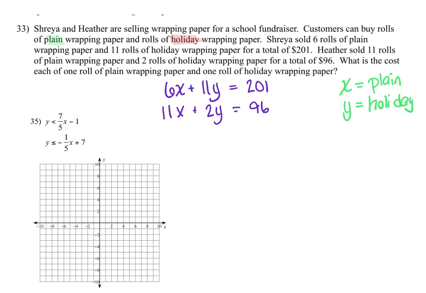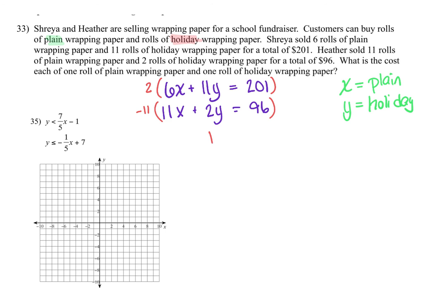I'll multiply the top by 2 and the bottom by 11, I guess. All right. Because they gave us numbers that don't line up, like if it had been 11, 11, I could just negate one of them, but of course not. Cruel and unusual punishment here. So I'm going to cancel out my Y's. I multiply this by 2 and this guy by negative 11.